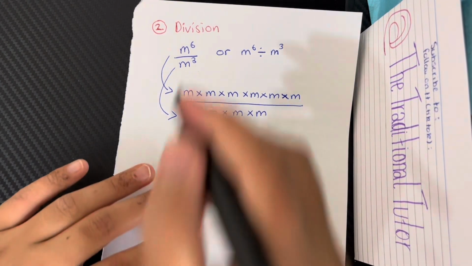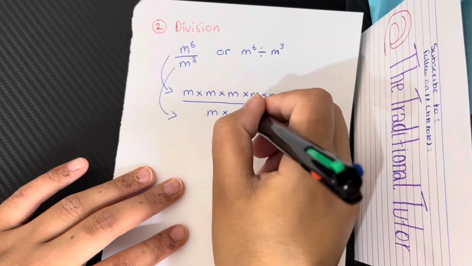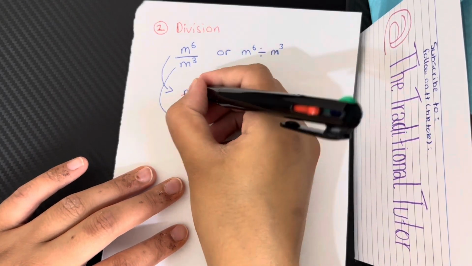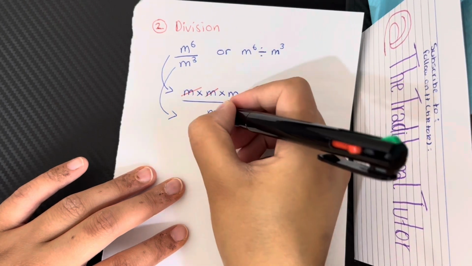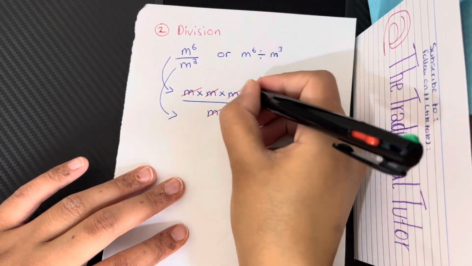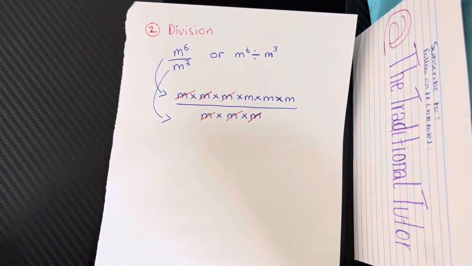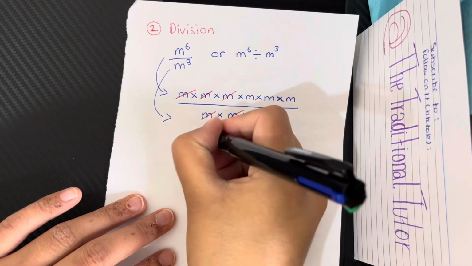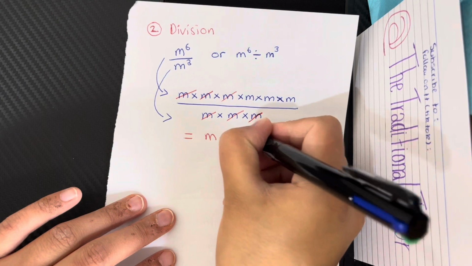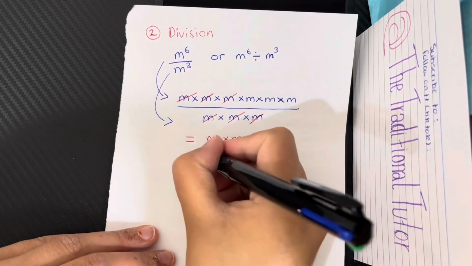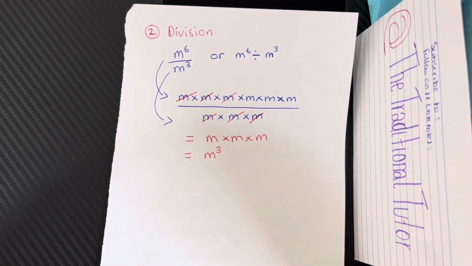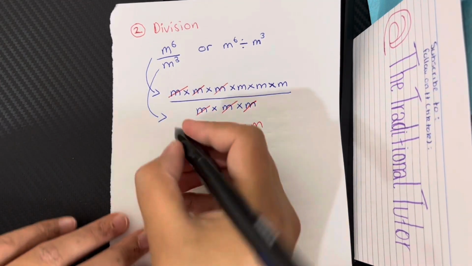Because I've got 3 m's at the bottom and 6 at the top, I can cancel out 3 lots of these: 1 pair, second pair, and then my third pair can be cancelled together. That leaves me with just 3 lots of m's, so m times by m times by m, which is just m to the power of 3, or m cubed. So this brings us to the rule that when we divide with powers, we subtract them.